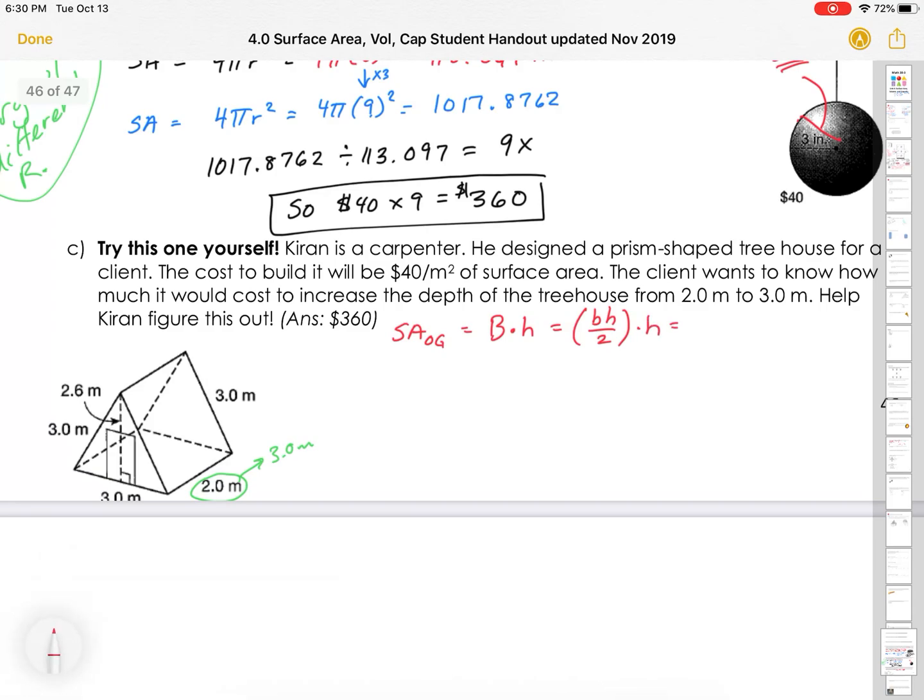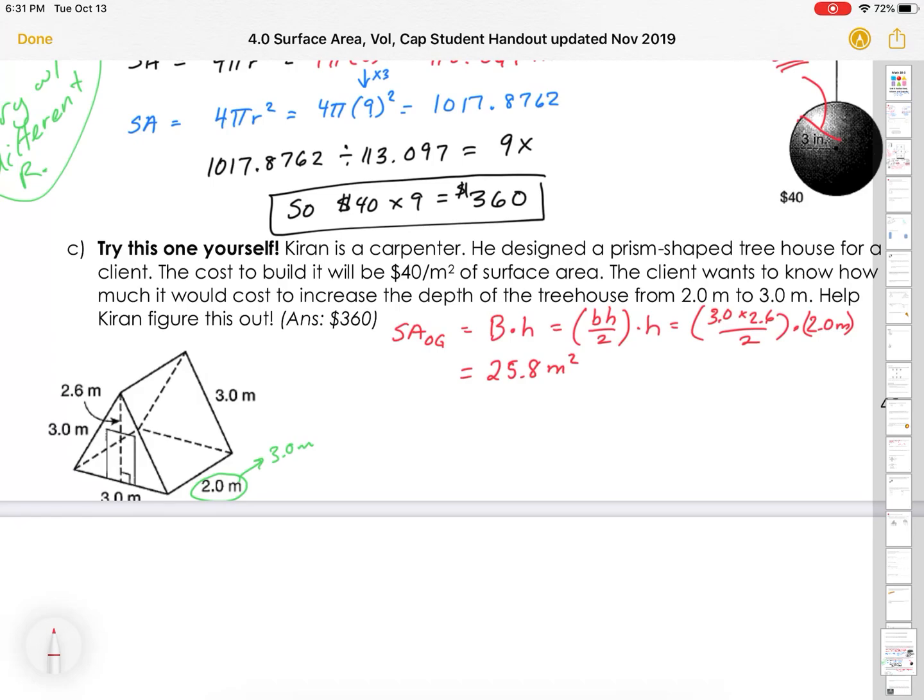I'll fill in the numbers: the base of the triangle is 3, times the height 2.6, over 2, times the height of our prism, which is 2.0 meters. Okay, and my OG surface area is 25.8 meters squared.